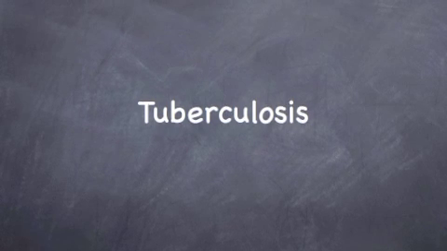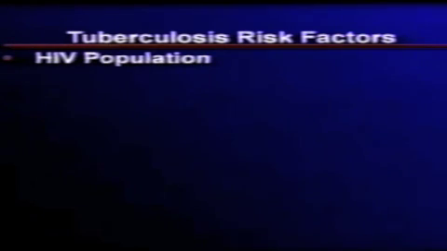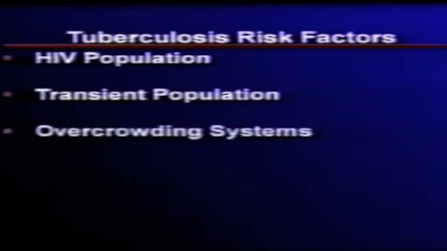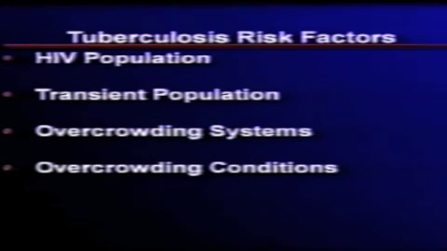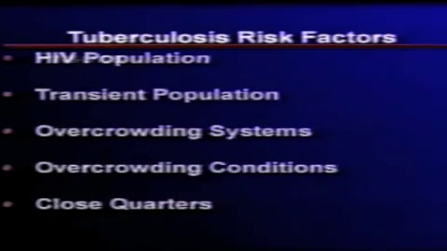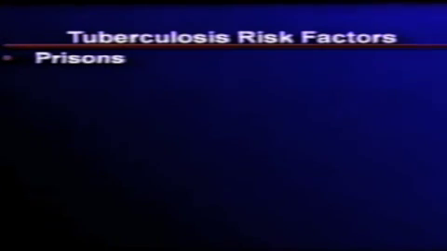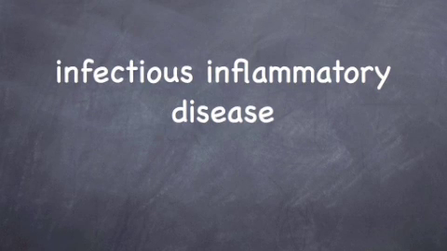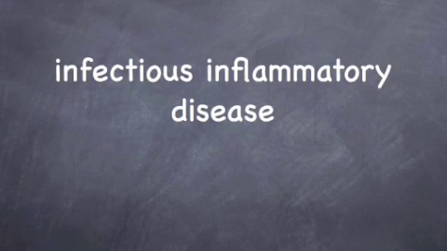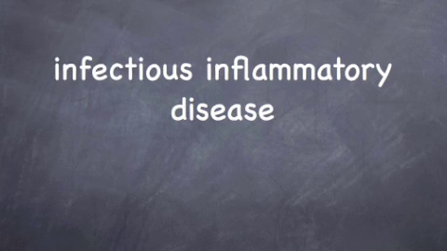Certainly patients who have HIV also contribute to this growing population, but so do transient populations, overcrowding conditions, close quarters, and prisons, which we know are increasing in numbers. All of those contribute to the spread of this type of communicable disease.